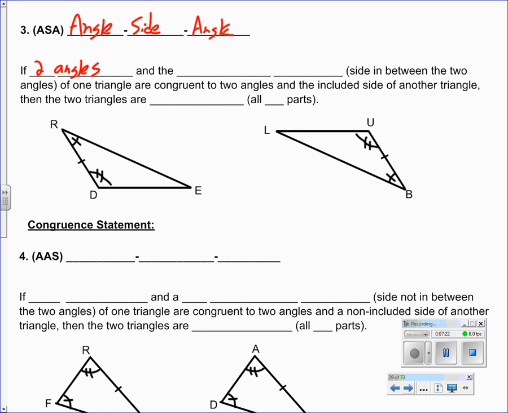If two angles and the included side, again that means the side in between those two angles, of one triangle are congruent to two angles and the included side on another triangle, then we know the two triangles are congruent. And not just those three pieces we checked, but all six pieces that make up the triangle.